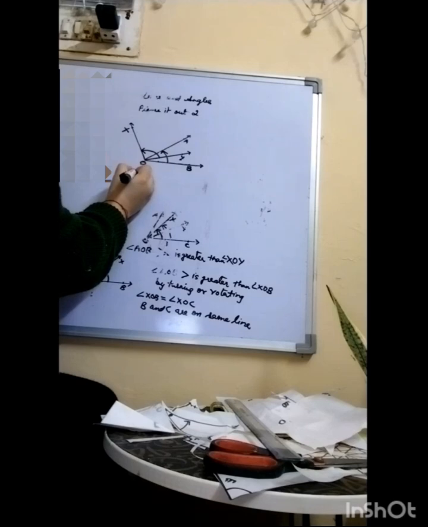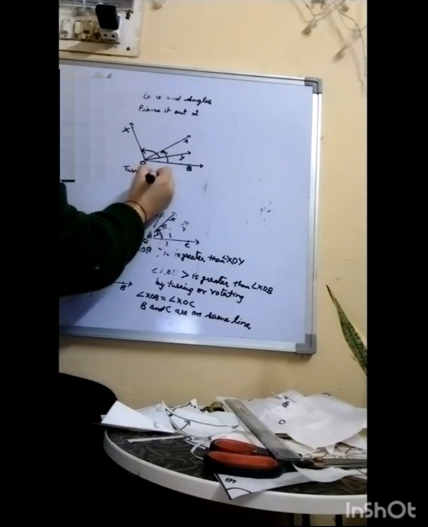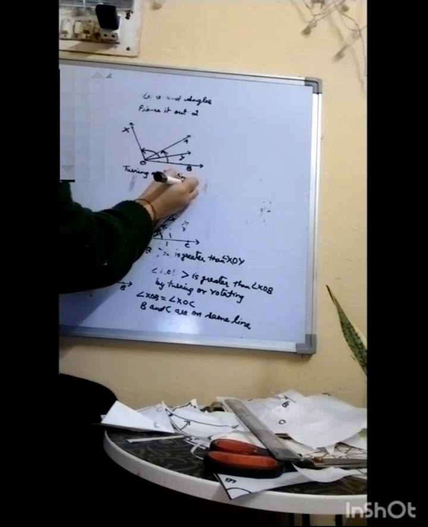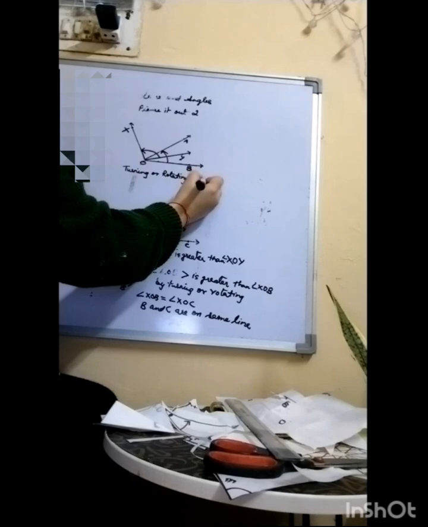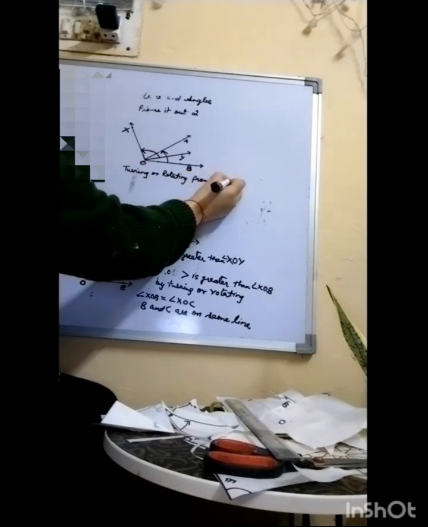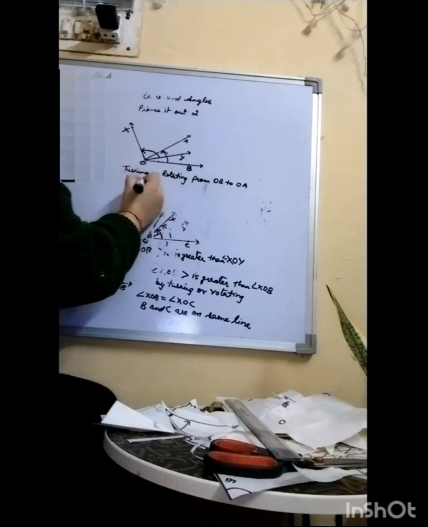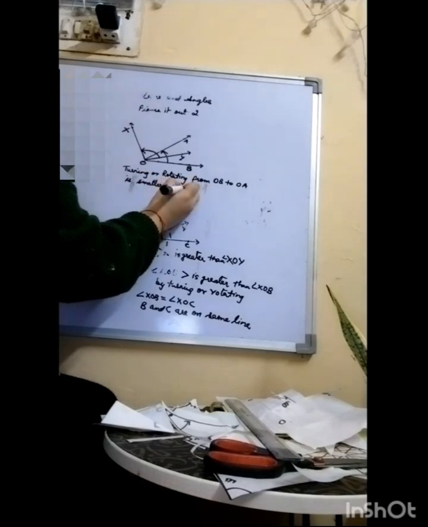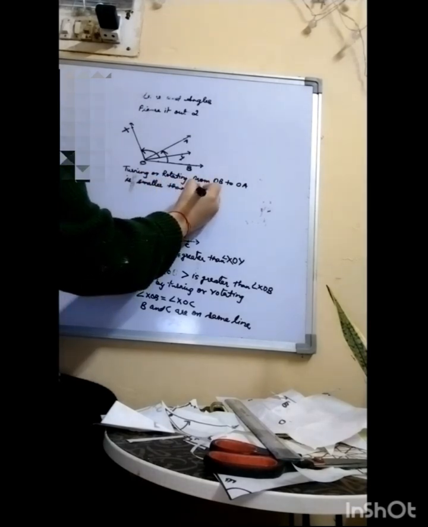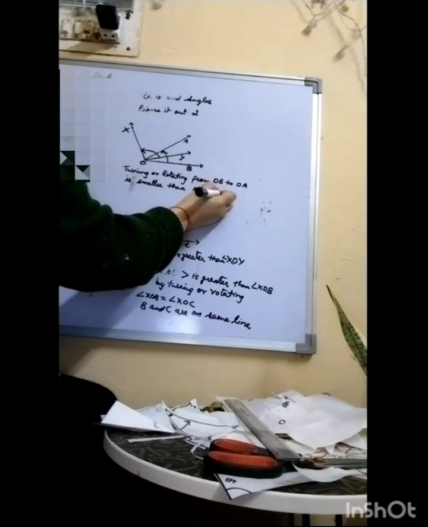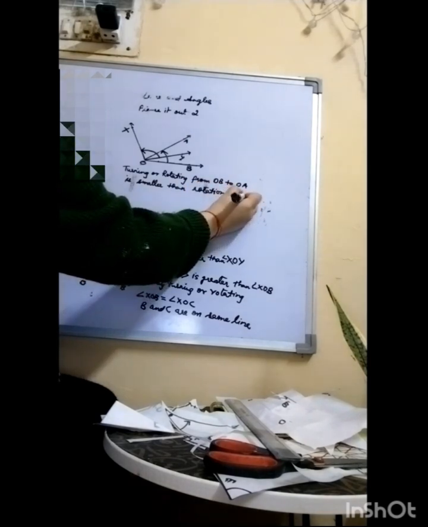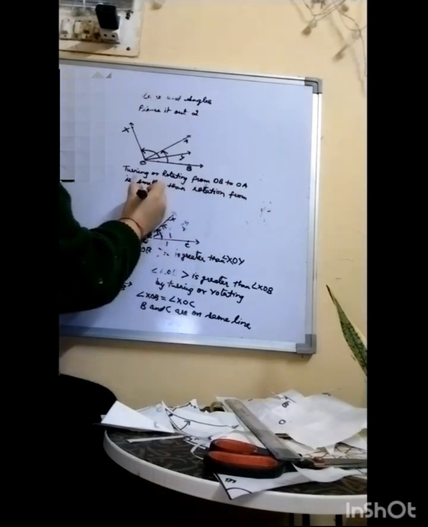So you would say turning or rotating from OB to OA is smaller than rotation from OY to OX.